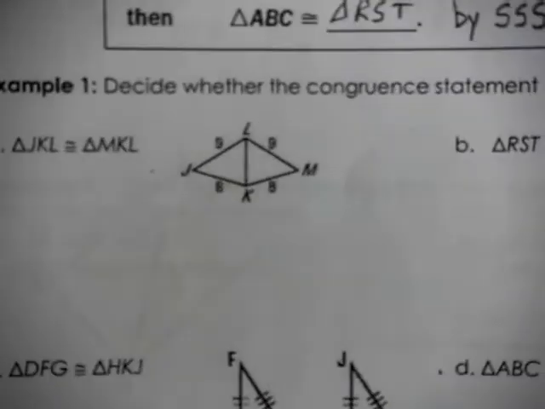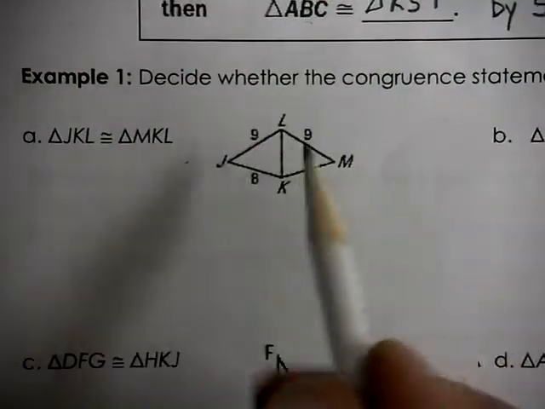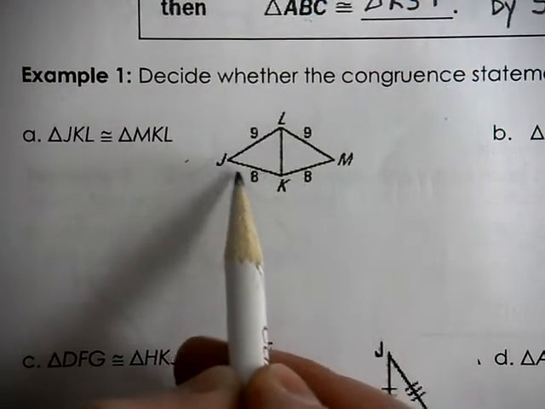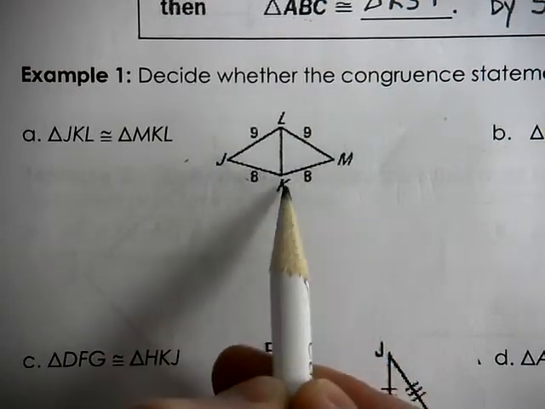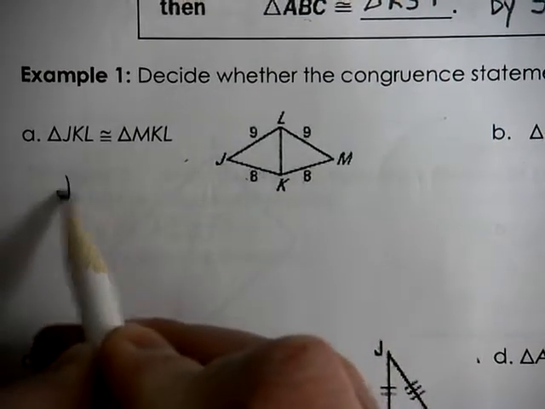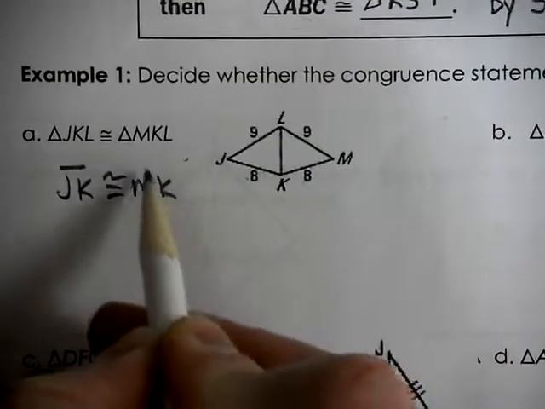Let's come on down to our first example. Are these two triangles congruent? So you have to look at them. You have to study it. We see that JK is 8. We see that MK is 8. So JK is congruent to MK.